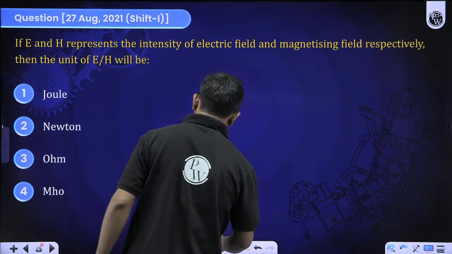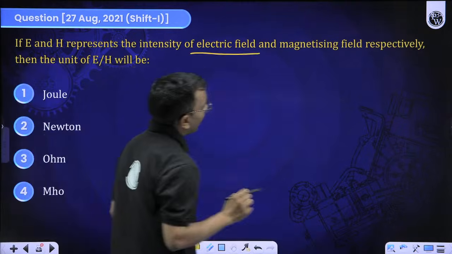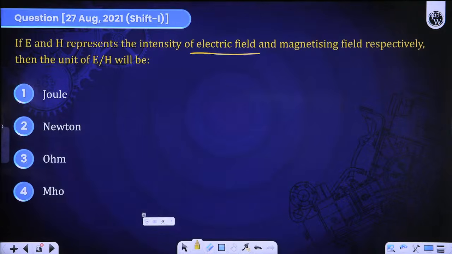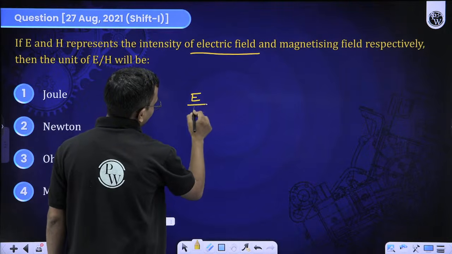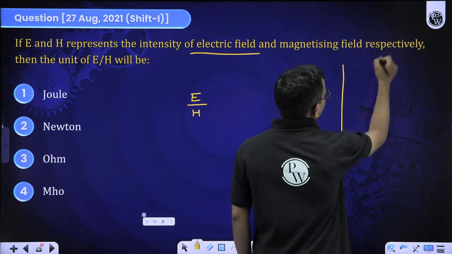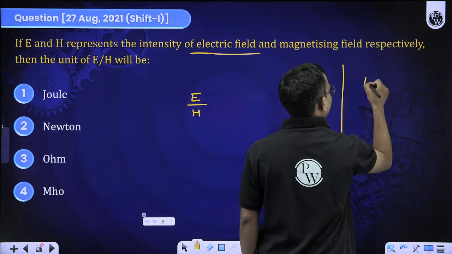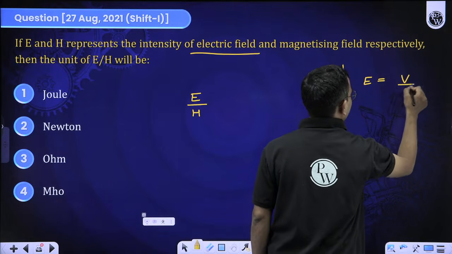Let us do this here. If E and H represent the intensity of the electric field and the magnetizing field respectively, then what is the unit of E by H? Let me tell you some formulas for this. E is equal to potential divided by length.